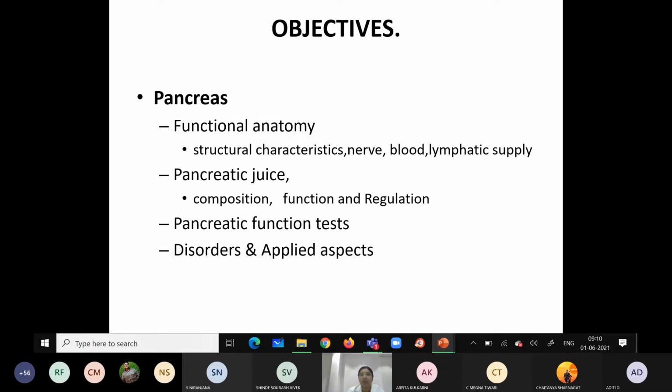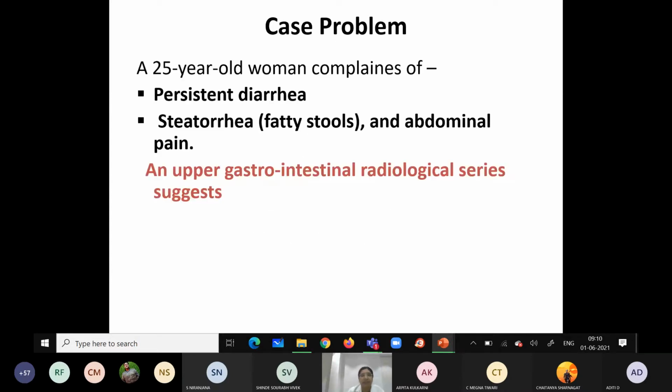Then at the end we'll go quickly through pancreatic function tests, because we are going to deal with this in detail in biochemistry, and we'll see the most important tests. We'll end with the disorders and applied aspect. So to begin with the pancreas, what is the physiological role of the pancreas?